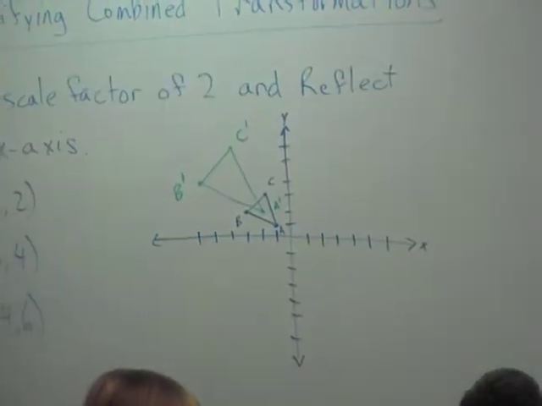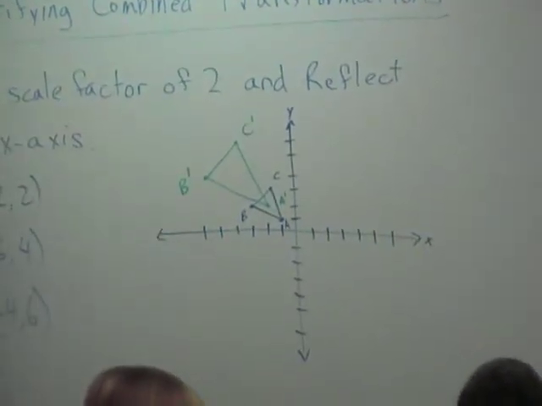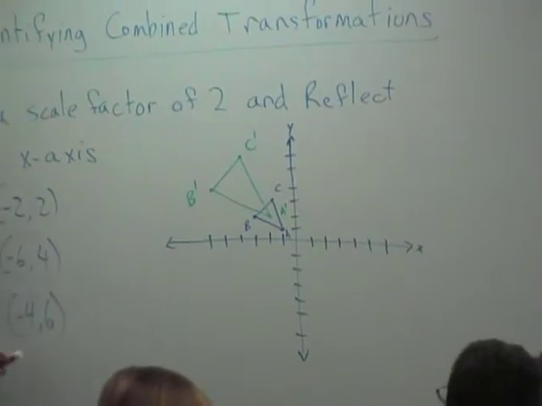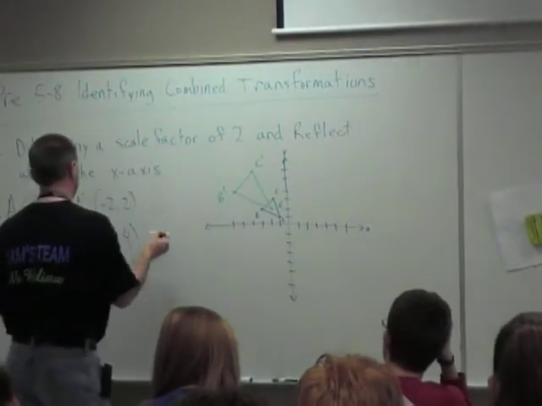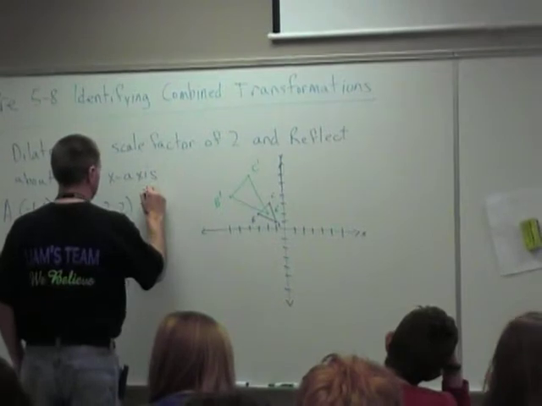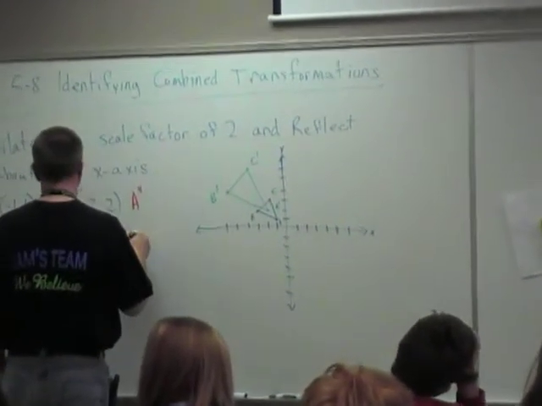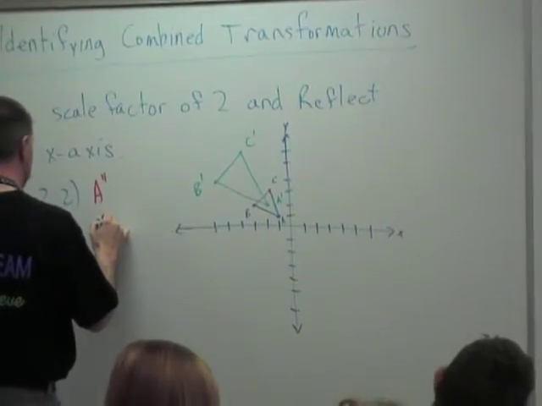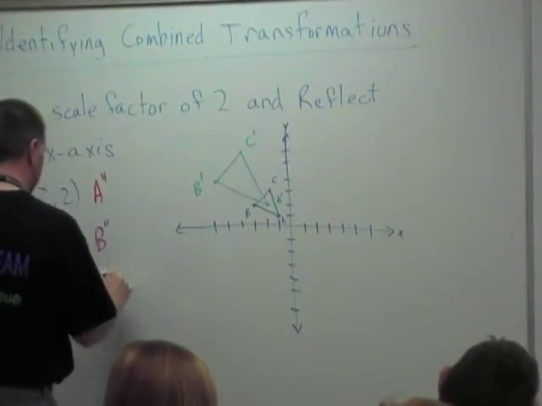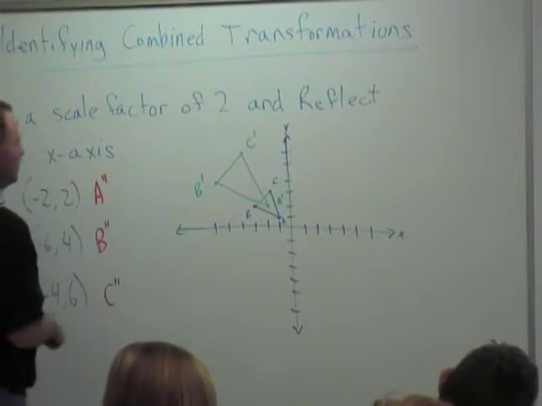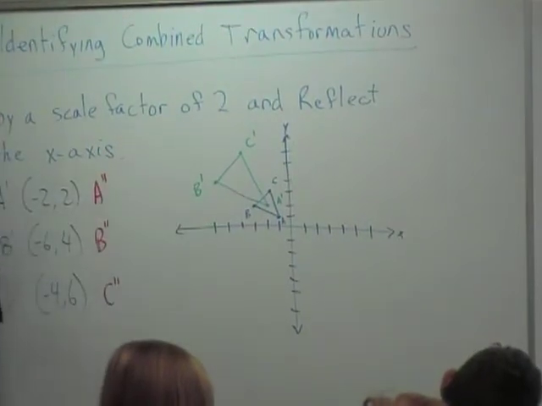Alright, so there's your dilation picture. Now reflect it. We're reflecting a dilation. Now you reflect the dilation. You're doing it in the order it tells you to do it, okay?